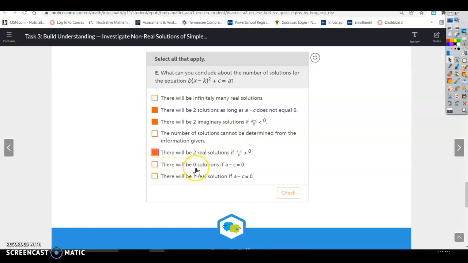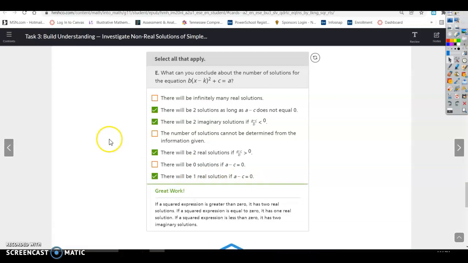And it says there will be 0 solutions if A minus C equals 0. That's not true because it would produce one real solution. So that would be the last answer, not 0. If you get 0 as your answer, then that produces one solution of 0. So you have 4 correct answers there. If you have any questions on task 3, please let me know.